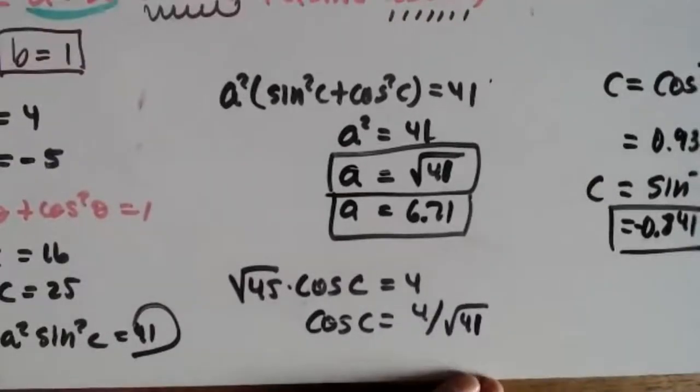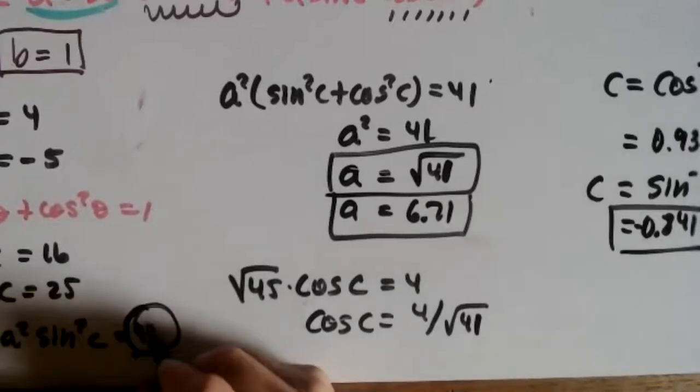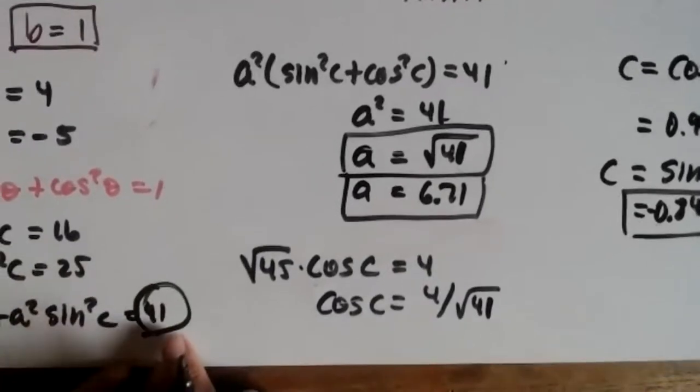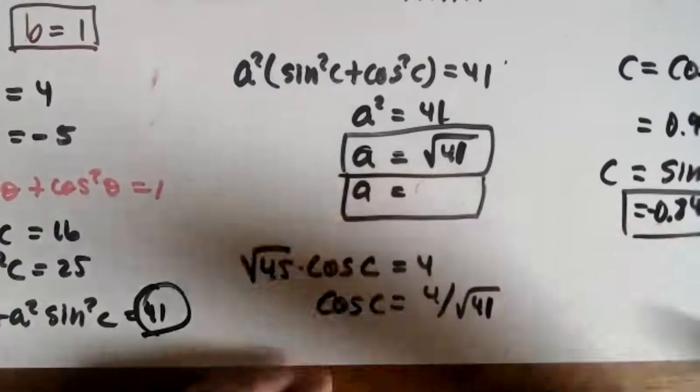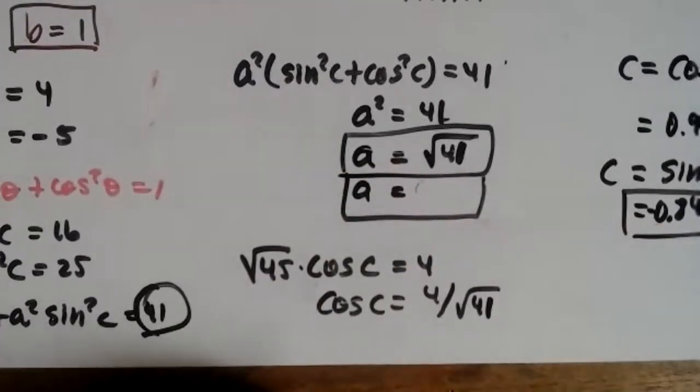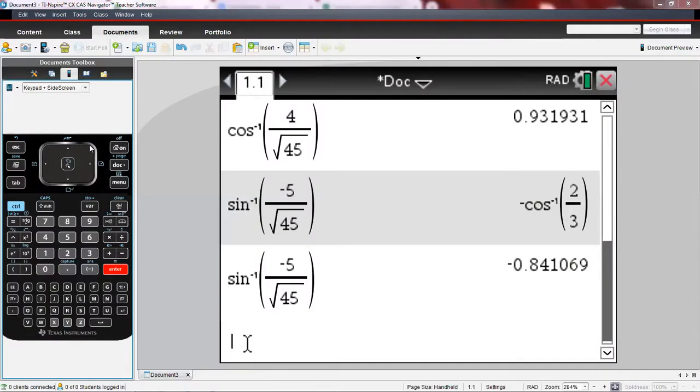Okay, let me just make the correction. I just was not paying too much attention, so I put a 45 instead of 41. Okay, so let me just change this one. So it's square root again. Let me just take this one, square root of 41.